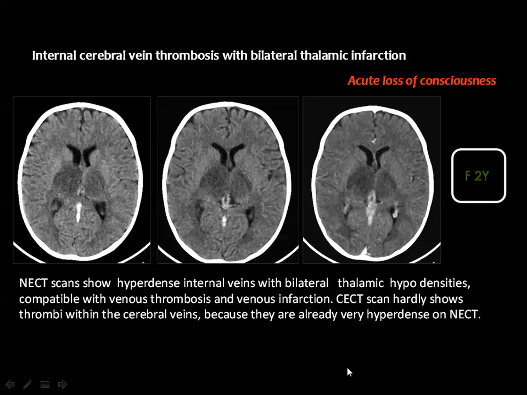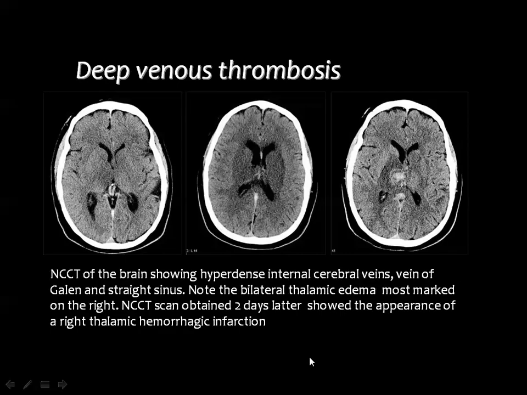This is another example. You see both internal cerebral veins are hyperdense as well as the straight sinus. And if you look in the region of the thalami, you see almost symmetrical hypodensities in the thalamic area, denoting venous infarctions secondary to internal cerebral vein thrombosis.